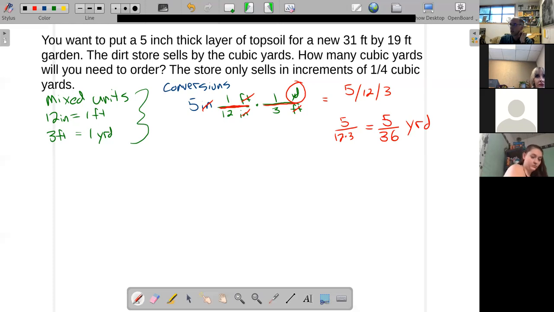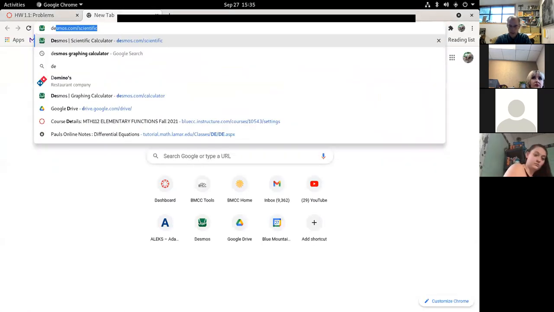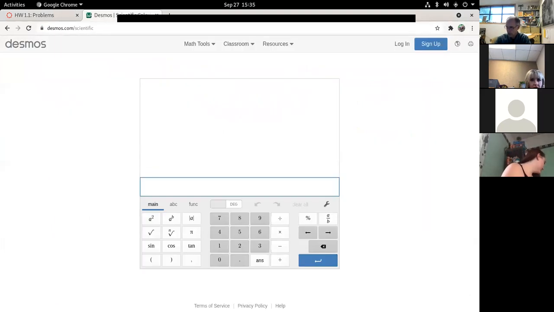But I am going to double check that I'm not lying about this version of the answer and that version of the answer on a calculator, just to make sure. Calculators are definitely our friends. I'm going to use the Desmos scientific calculator, which is a lot like my Bimart calculator that I paid $5 for.